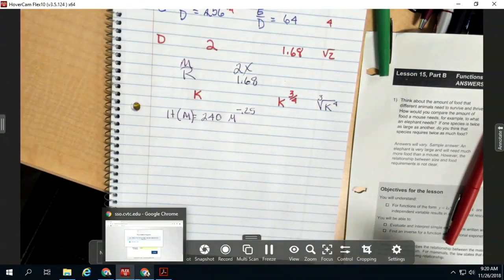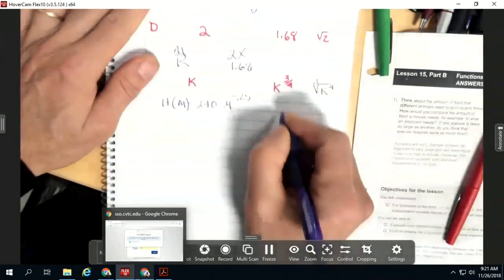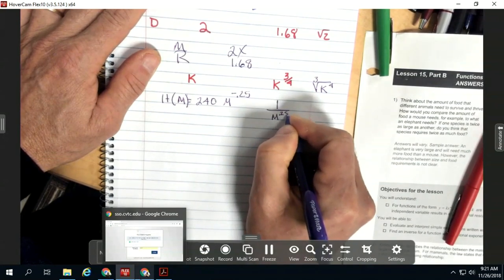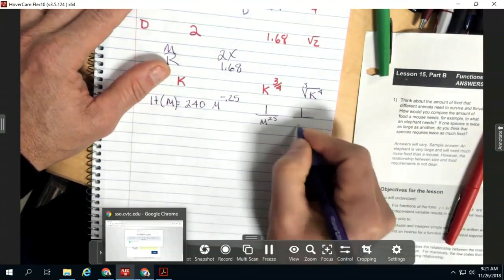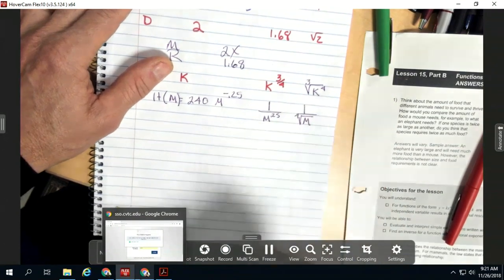First off, what are some of the ways to write m to the negative 0.25? Let's hear some. Well, what's the negative tell us? 1 over m to the 0.25. 1 over the fourth root of m.